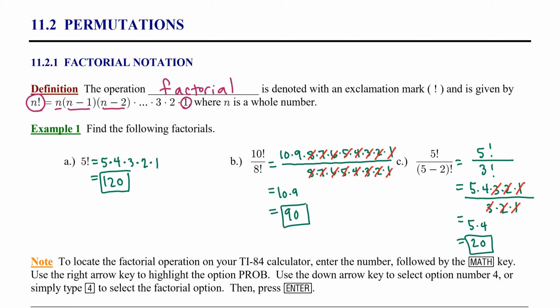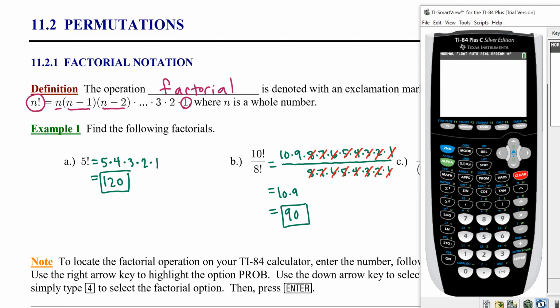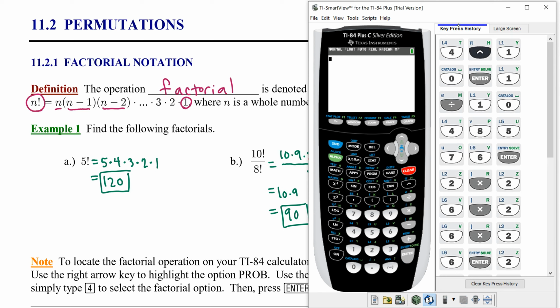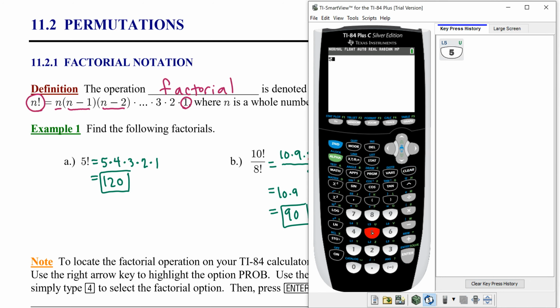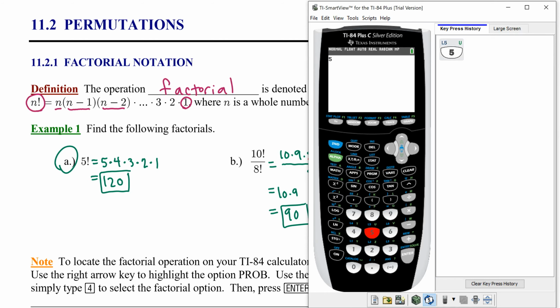Now, those are great examples to get to understand what a factorial is, but your calculator can also handle these calculations very efficiently. Let me show you where to find the factorial on your calculator. First, we're going to look at example A. Type in the number 5. We're going to pick up the factorial operation from the math menu.